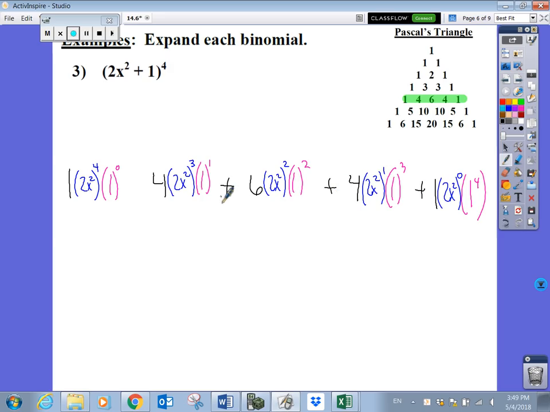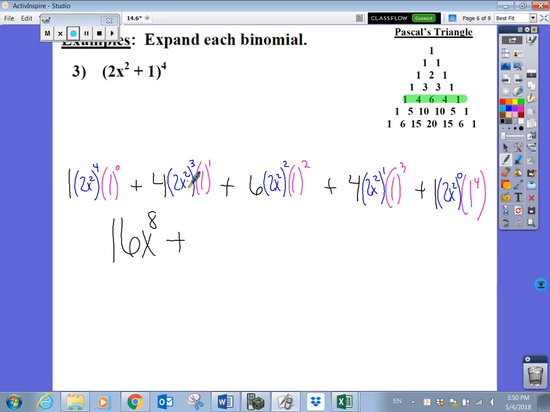Again, then we put pluses between everything, but those signs could change. So (2x squared) to the 4th would be 16, power to a power, we multiply. (2x squared) squared, so we can't do 4 times 2, order of operations, PEMDAS.